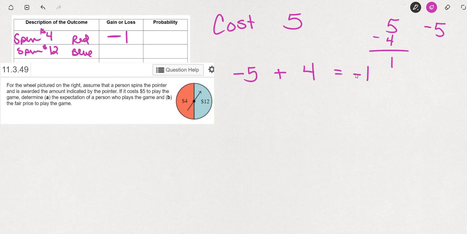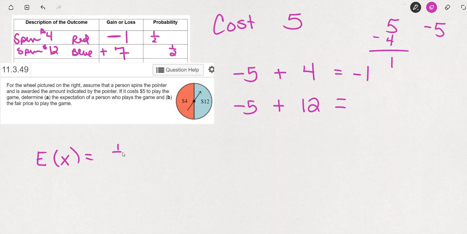When the spinner lands on $12, we've paid 5 and we are given 12. So it looks like we come out ahead, so a +$7. The probability is half and half for each of these. So let me show you a shortcut in the calculation. Using the formula to its fullest, showing every part, it'd be the probability times the loss plus the probability times the gain.